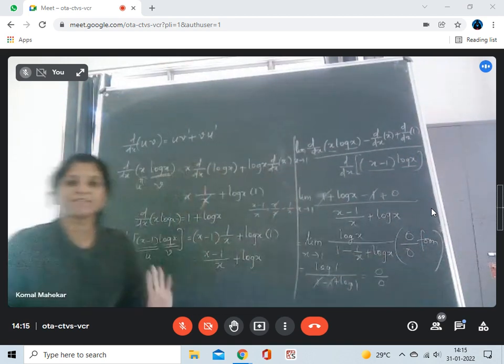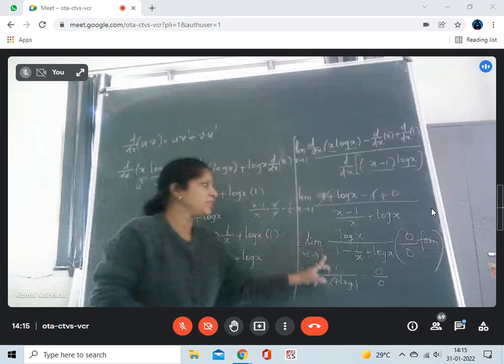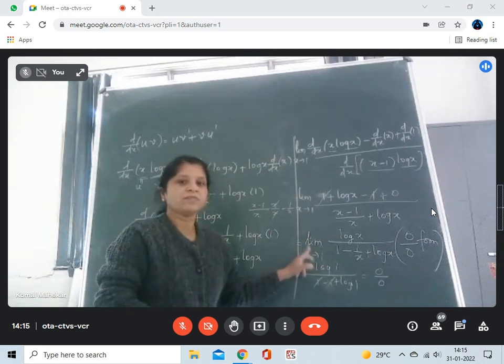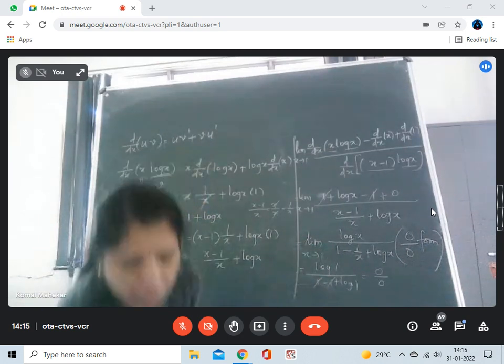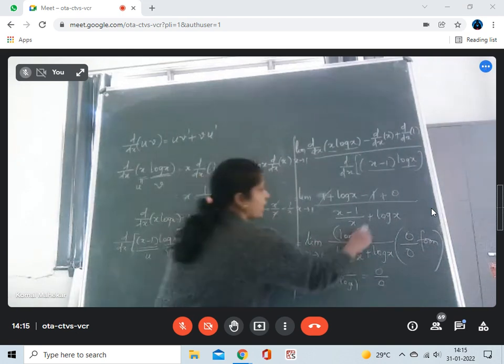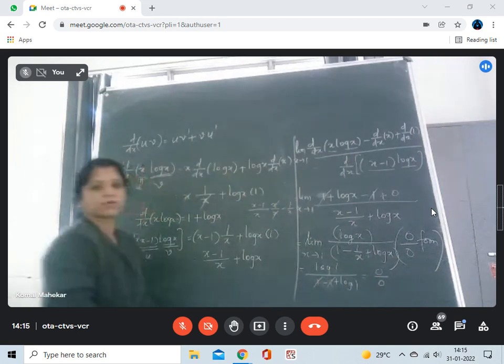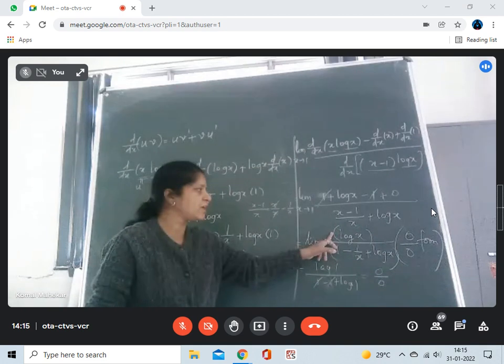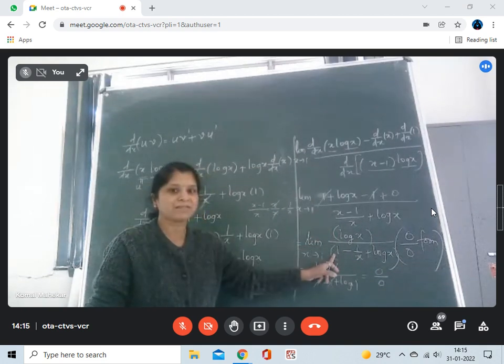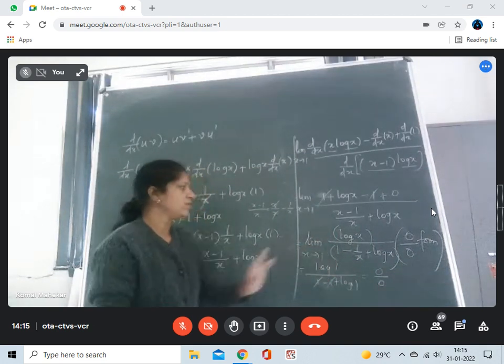Limit is not finite here, we get 0 by 0 form. So here we apply L'Hospital rule for this function. We will find out the derivative of the numerator as well as the derivative of the denominator function with respect to x.